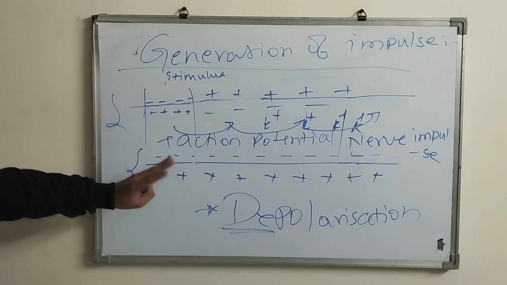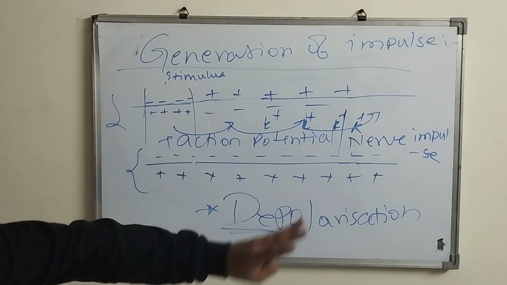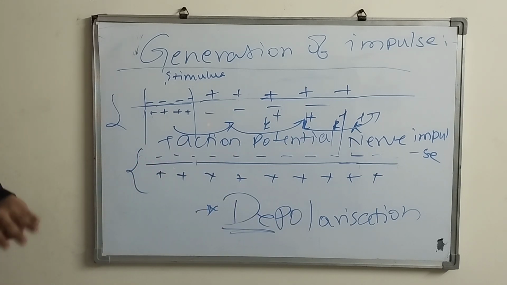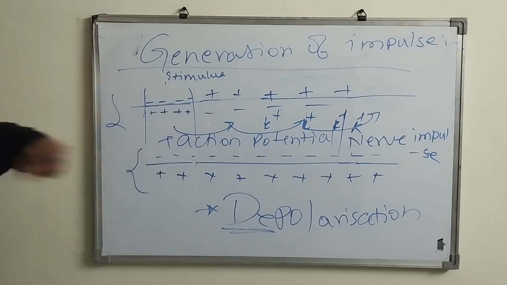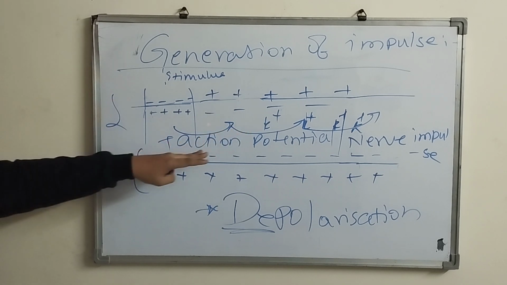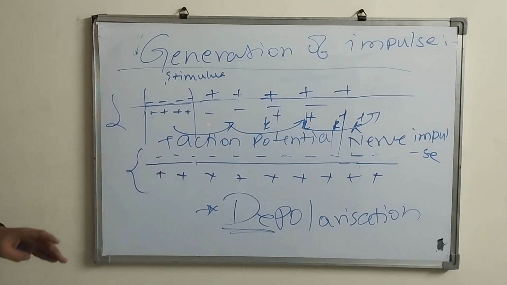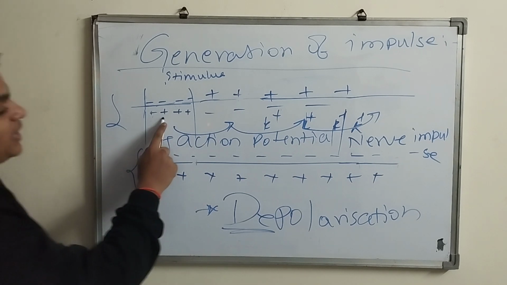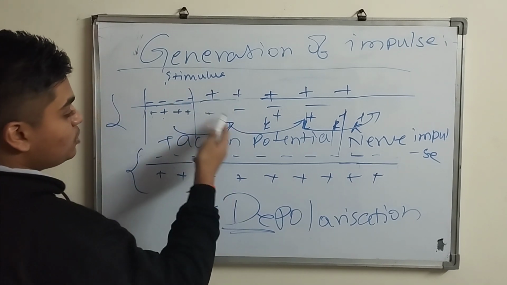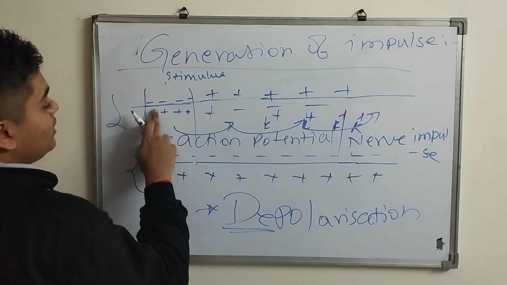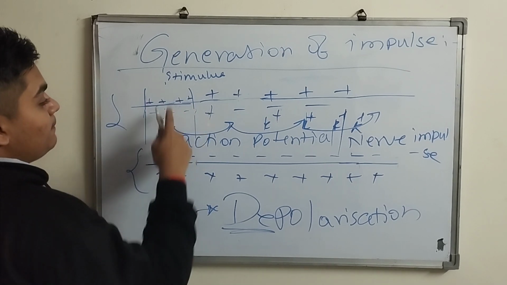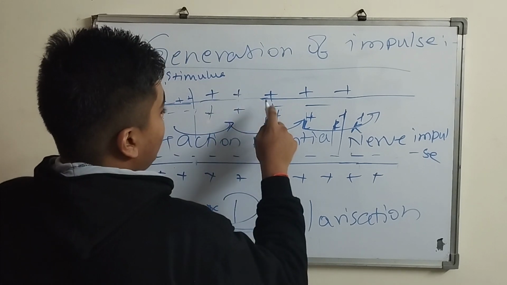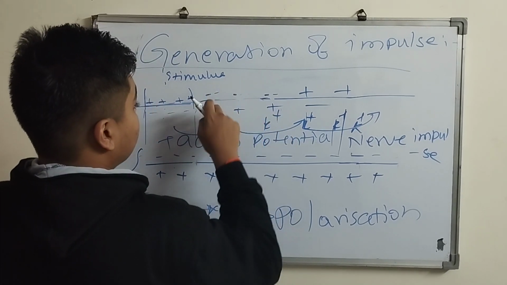what happens is this impulse travels. This impulse is nothing but your electrical current. Generally, this travels from A to B, and when it comes to B, the same scenario as A. Now A becomes normal again, and B's situation becomes as if a new stimulus is applied here.